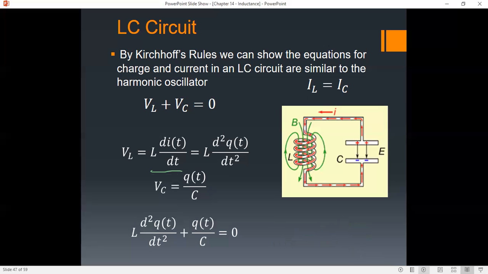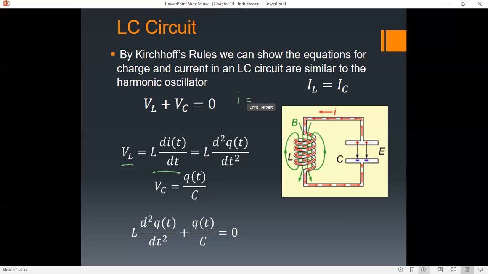I'm using lowercase i here because i is going to be this function that's going to change with time. And I'll use capital I whenever I am talking about the amplitude of the current. So the voltage across the inductor goes by this.